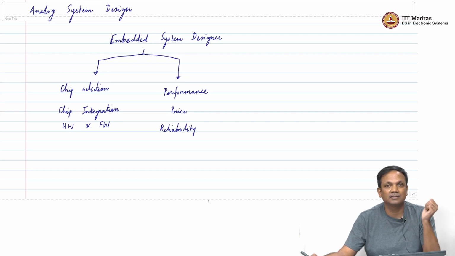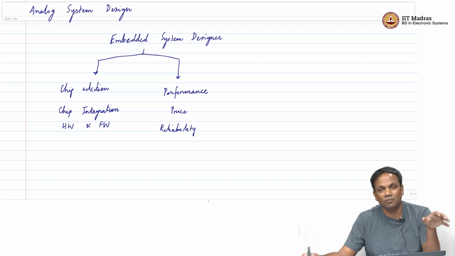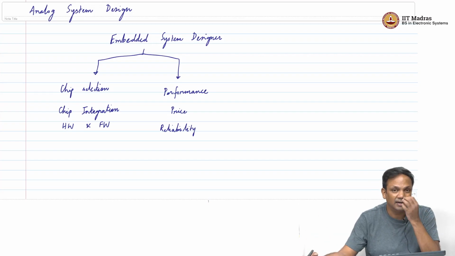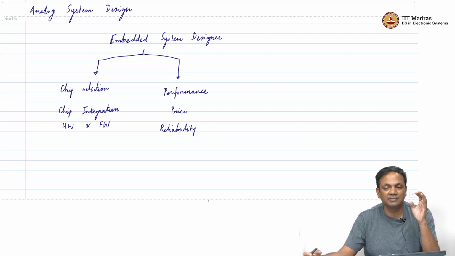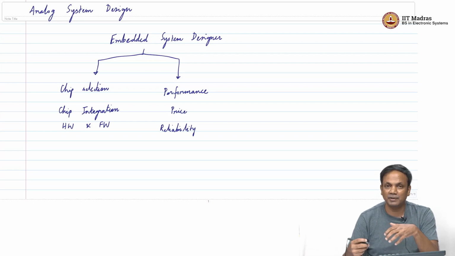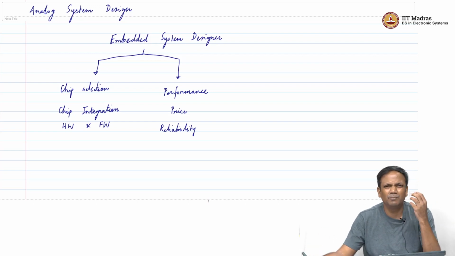And it is the embedded system designer's responsibility to say, yeah, we have enough confidence in the aging characteristics of this product. We have enough confidence that whatever the customer tries to do, it is still going to be robust. It's been designed in a robust enough manner that it is not really going to impact operation or performance. That's a guarantee that the embedded system designer has to deliver to the customer. So, performance, price, reliability.